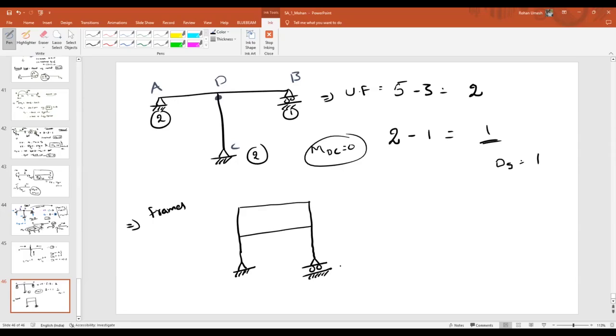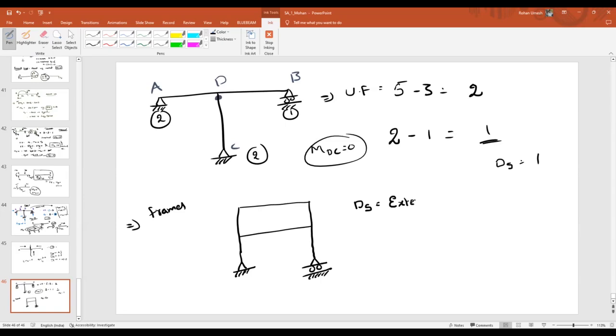I think you guys already know the answer. As of now, in most of the examples we have seen, we looked at determinacy with respect to the external supports. But if you are talking about indeterminacy, 2 indeterminacies are possible.